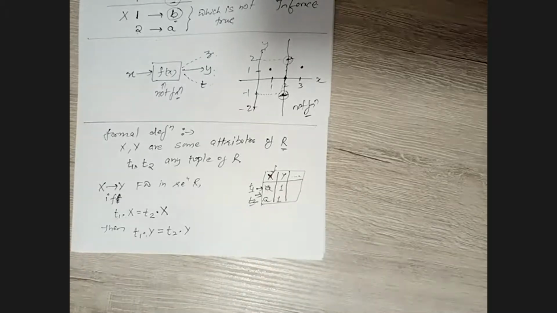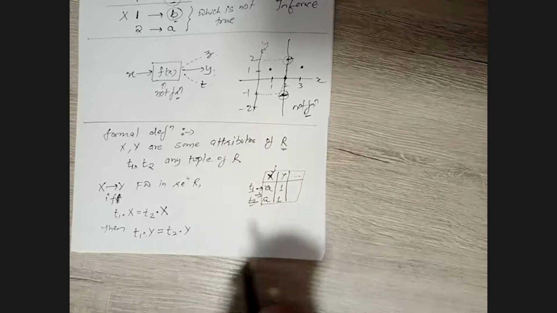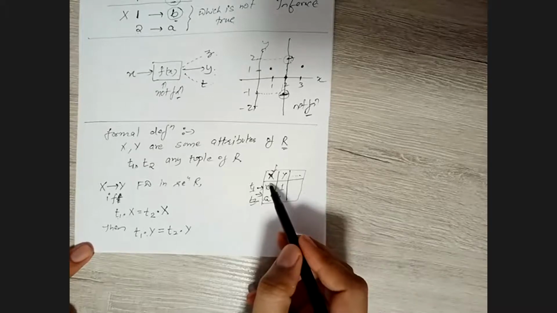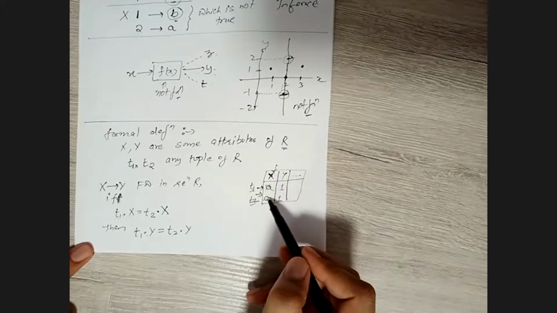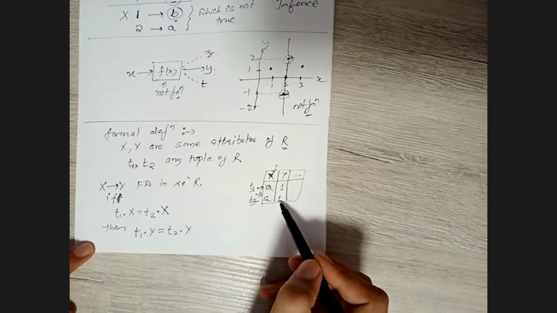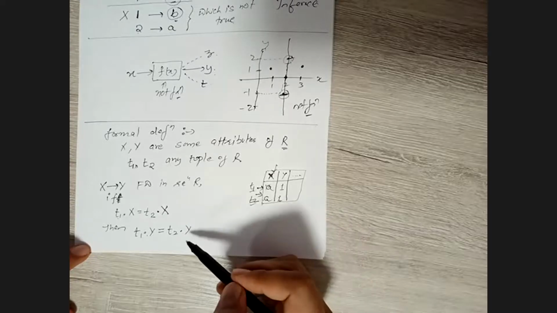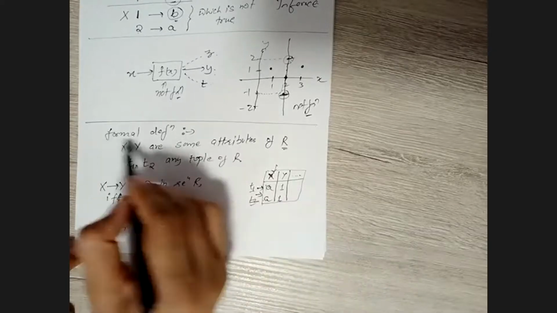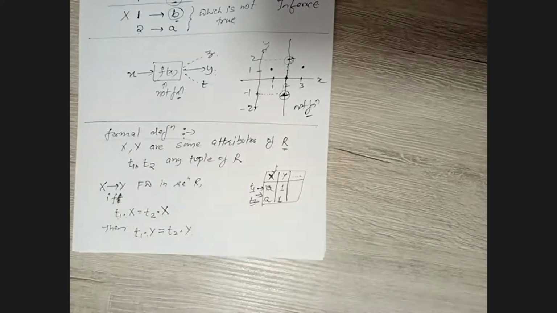The indirect way of saying this is that when we have the same values in the tuples for some attribute, we cannot have different Y values; it implies that they should be equal, right? So this is the definition of functional dependencies.